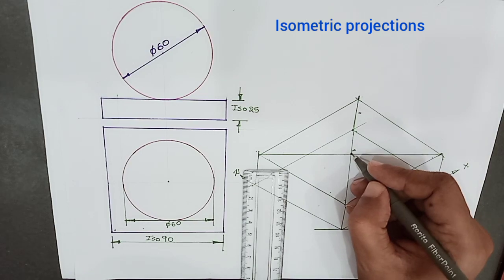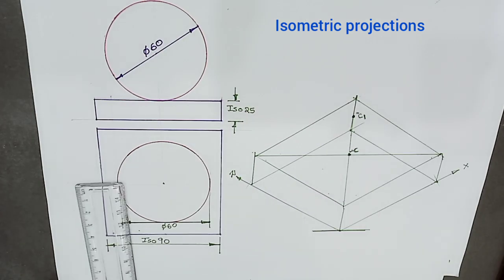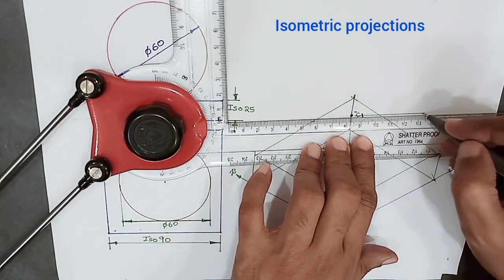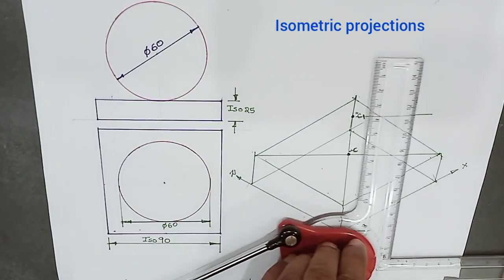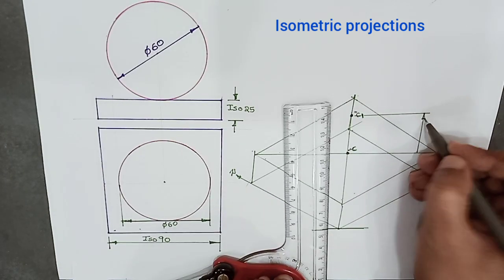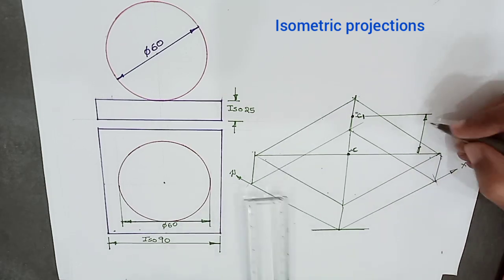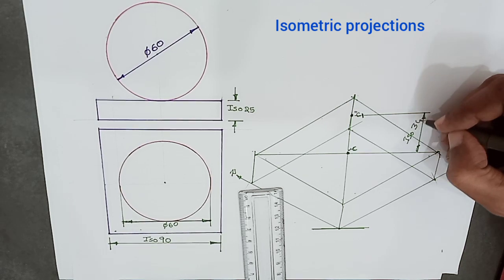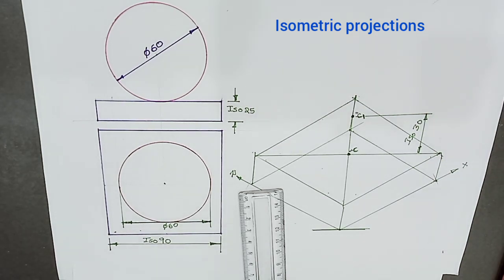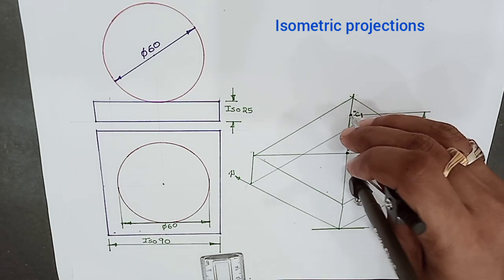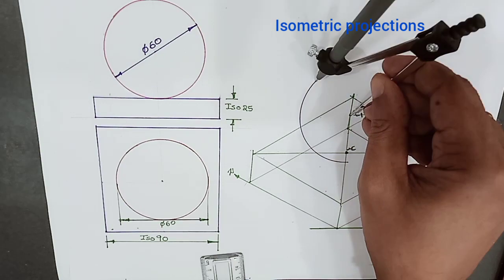Say this is the center, C1. The distance from C1 to C is the iso-radius of the sphere. Now at C1, with the original radius of the sphere, that is 30 mm, draw one circle.